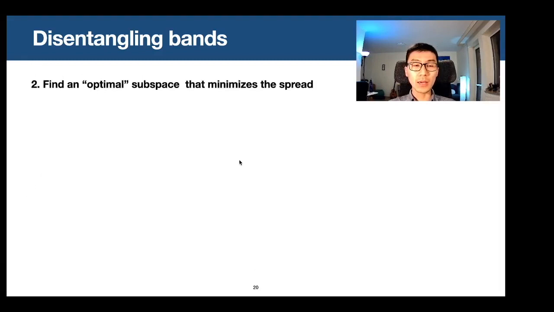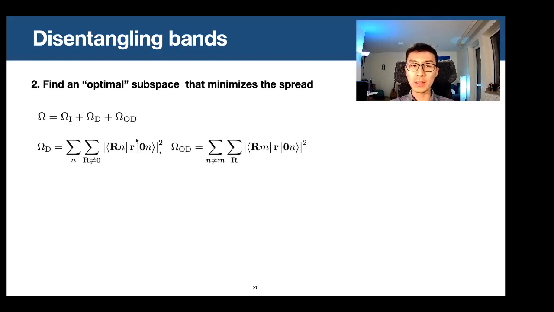And once you project onto a Bloch function, what we are going to do is find an optimal subspace that minimizes the spread. So far, we dealt with only a certain part of the spread, omega D and omega OD, for insulators.